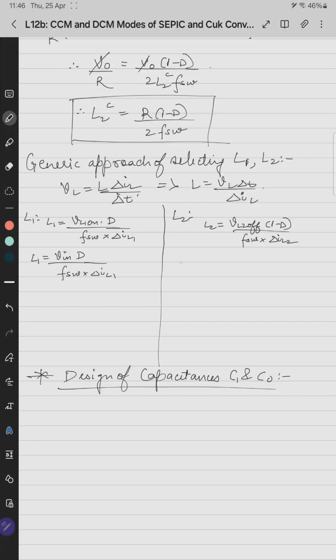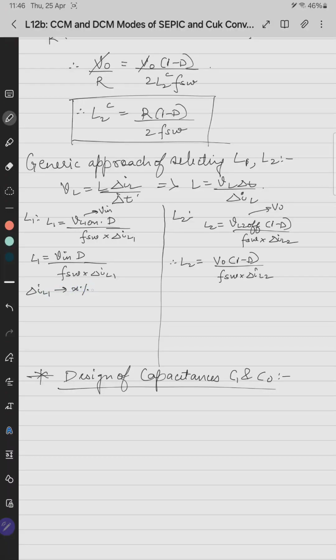VL2 off is V0. So L2 is V0 into 1 minus D divided by F switching into delta IL2.